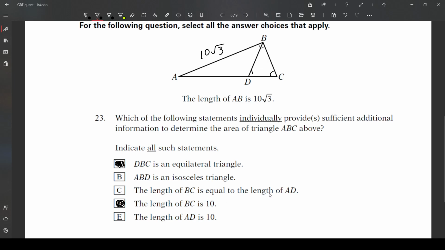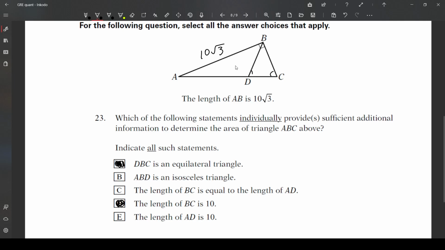The length of BC is equal to the length of AD. Yeah, these two are congruent. I also don't think that cuts it.